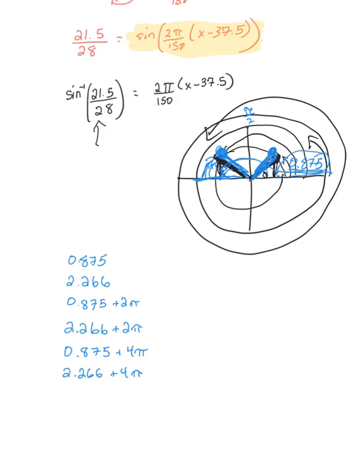Now, each one of these individually is going to equal 2 pi over 150 x minus 37.5.